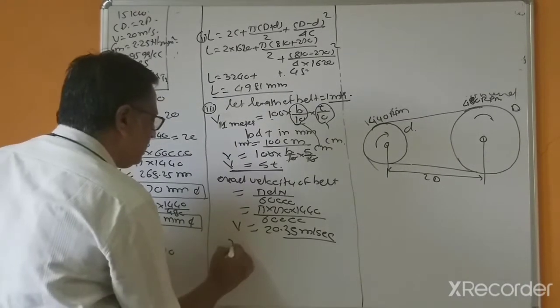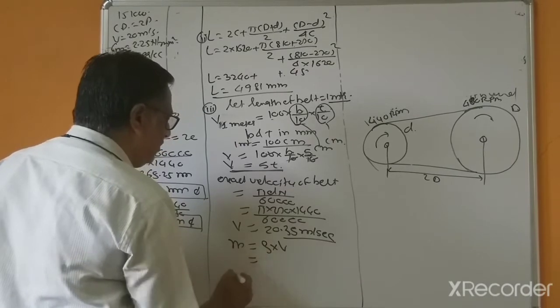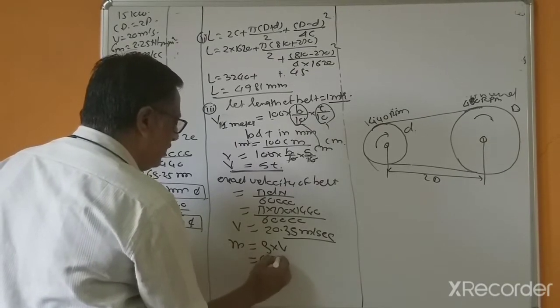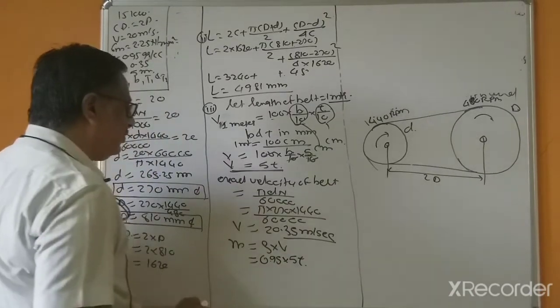Now mass equals density multiplied by volume. Density 0.95, volume equals 5T.